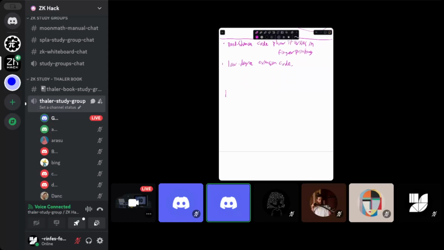Okay, so the Reed-Solomon code, the RS code.